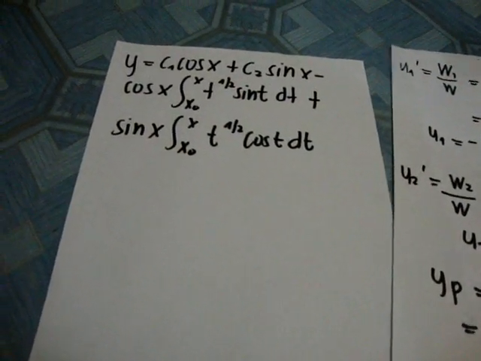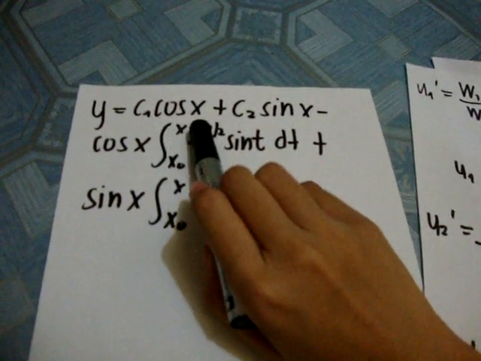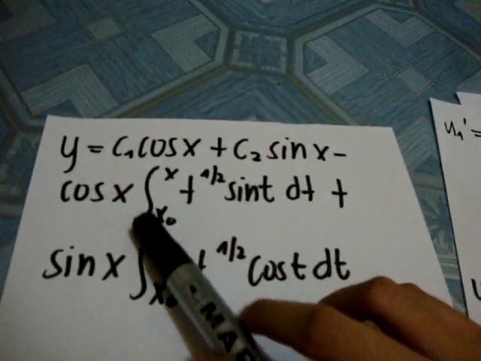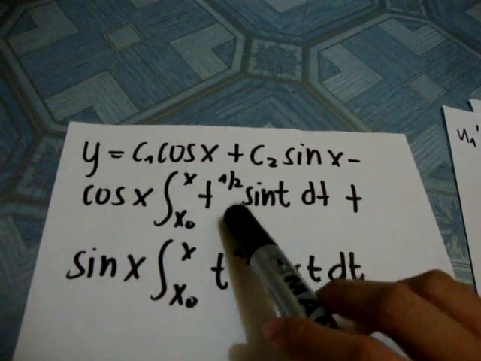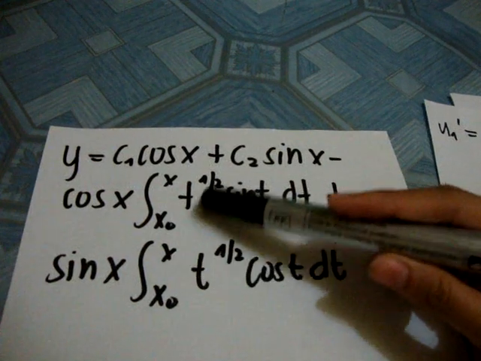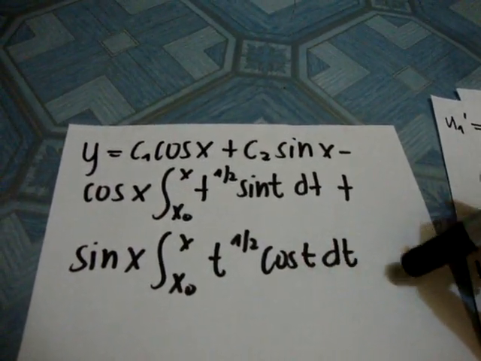And so the general solution is y is equal to c1 cosine x plus c2 sine x minus cos x times the integral of t raised to 1 half sine t dt plus sine x times the integral of t raised to 1 half cosine t dt.